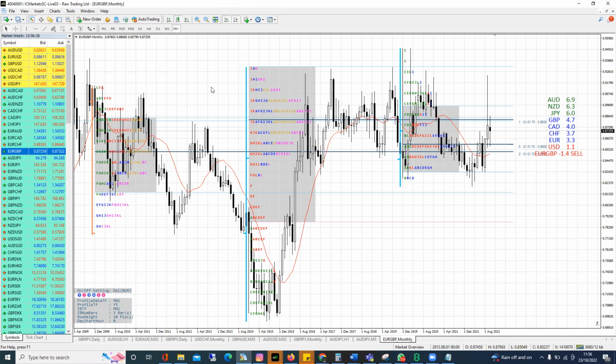I just want to see some levels in terms of my market profile, based on what I'm thinking. The key level that's important to me is the current monthly point of control, which is this particular level, 0.8600.